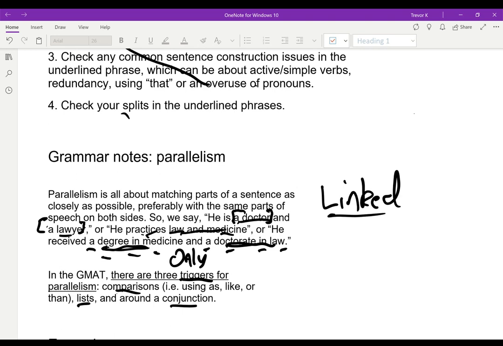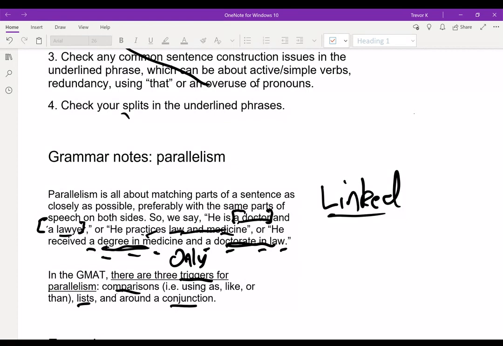Comparisons are pretty straightforward. If I use like or as or than, right? He is as strong as an ox. That's a comparison, right? He is like his dad in that he hates broccoli.